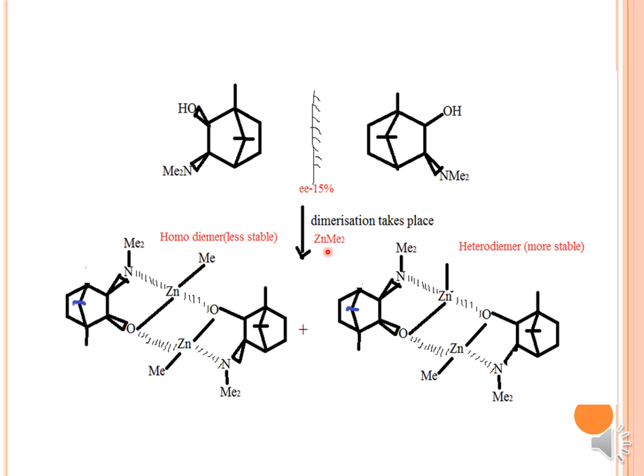The alkyl group will vary. Upon dimerization, two dimers are formed. One is the homodimer, which is less stable, and one is the heterodimer, okay. That's all you have to show here.